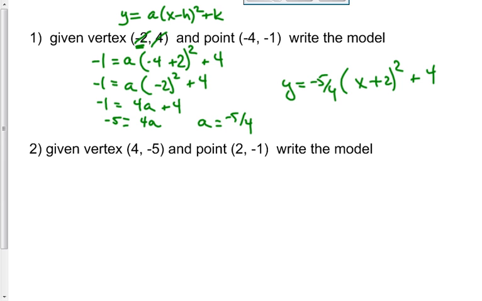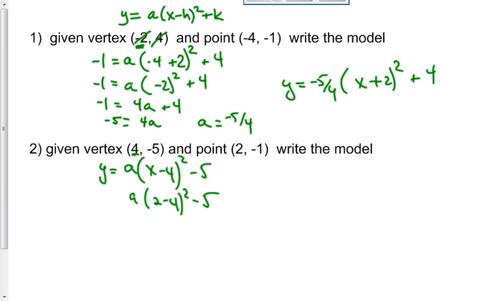y equals a, and inside the parentheses is the vertex, x minus 4. Do the opposite of 4, so negative 4, squared. Your k value is negative 5. We know this is a out here. Now we can plug in our random point of 2, negative 1. Your x value is 2: 2 minus 4, squared, subtract 5.